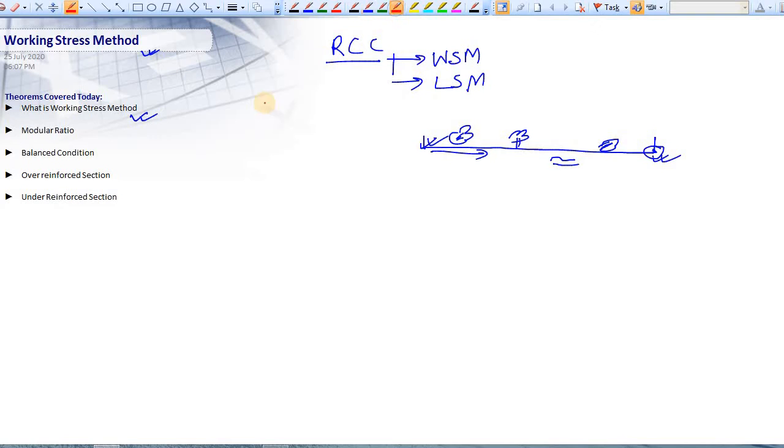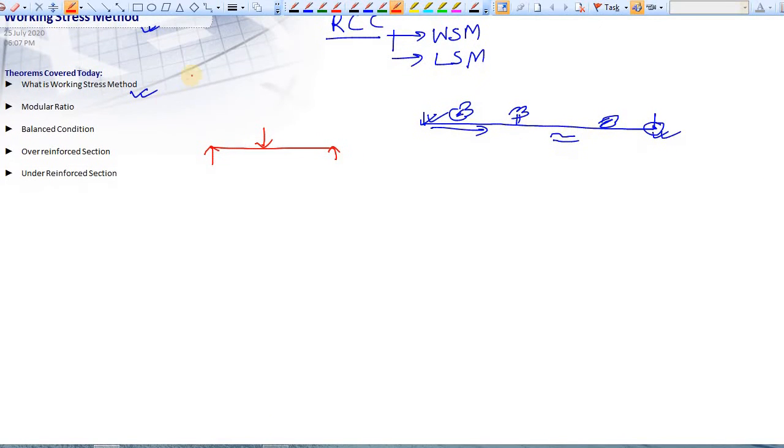At the very beginning, this is the beam, and if you apply any load, of course due to this load there will be some bending moment. If you take any part of this beam, this part is under the action of a bending moment, let's say M. So this is the actual load.